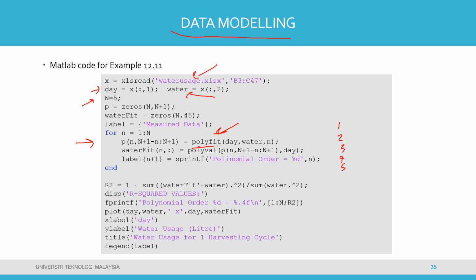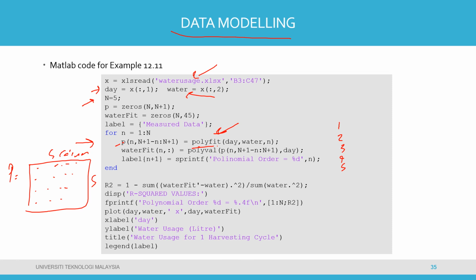So you create a polyfit for the first order, second order, third order, fourth order, fifth order. So basically P is just, you have 5 rows and 5 columns. So you have this, your polynomial data fitting.